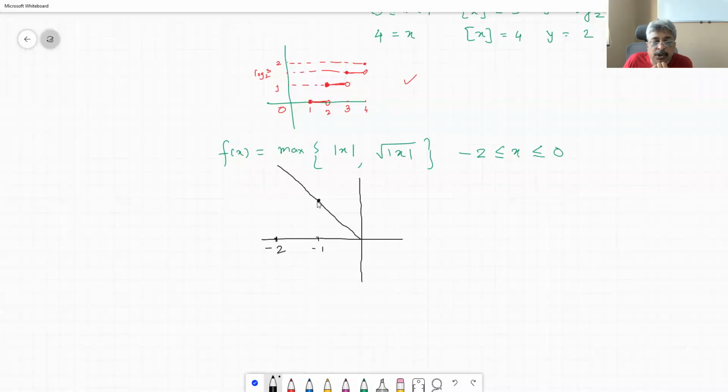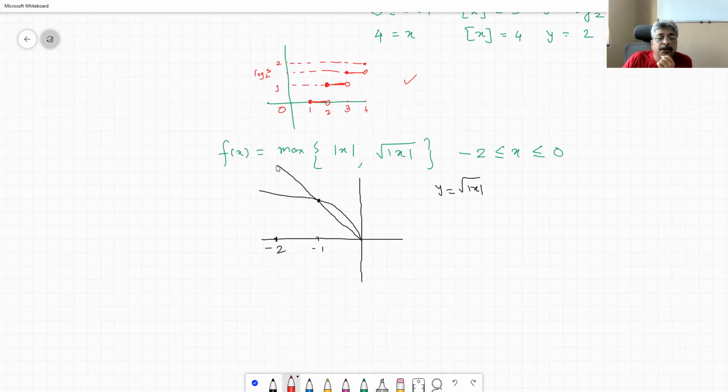So this point is going to be there on the other curve, y is equal to radical mod x, and it is going to be a parabola like this. And hence the final graph is this. This is 0.